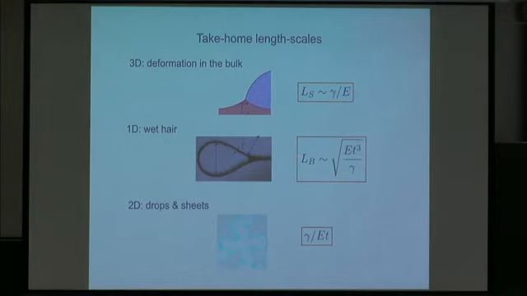Then for something more practical, a 1D case, you have a bending length scale, which is the square root of the ratio of the bending stiffness to the surface tension. And when you deal with sheets that you have to stretch, you have something which is not a length scale but a non-dimensional number, which compares the surface tension and the stretching stiffness of your sheet.